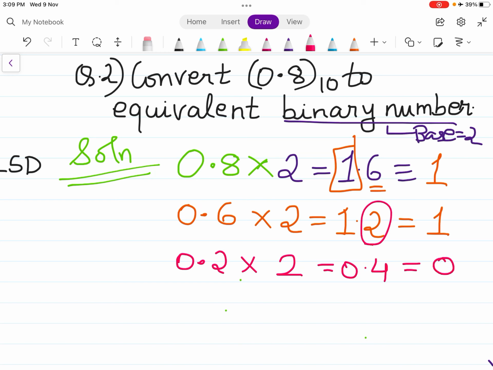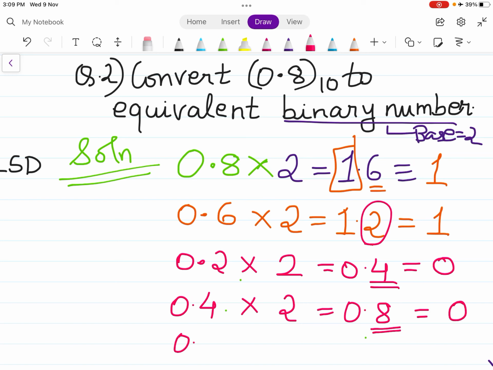We write the carry 0. Then 0.4 into 2 is 0.8. Again we write 0 and take the fractional part. So 0.8 into 2 is 1.6, so you get 1.